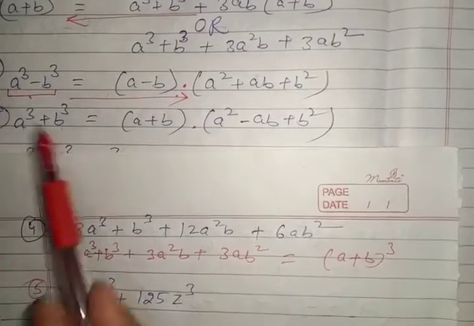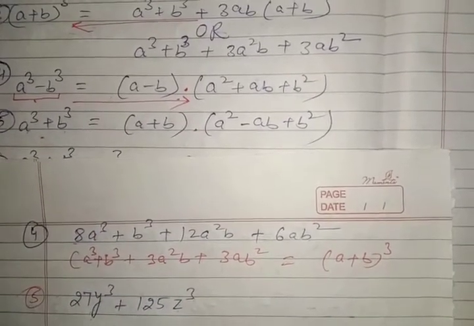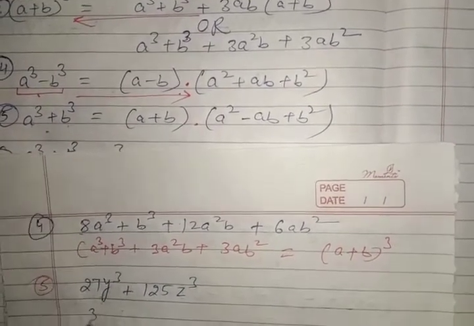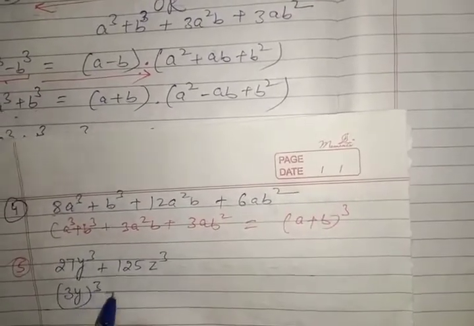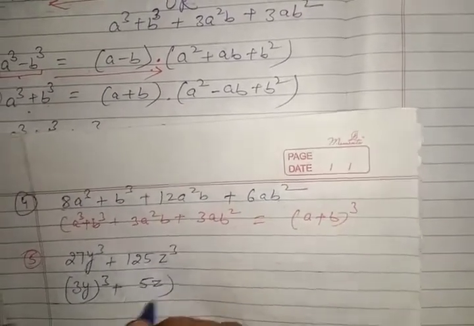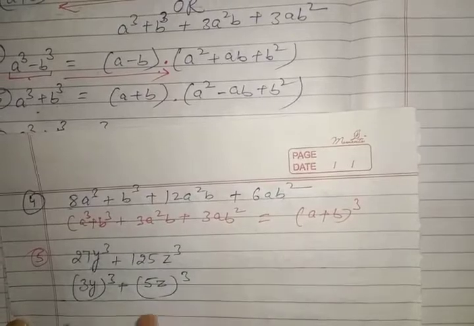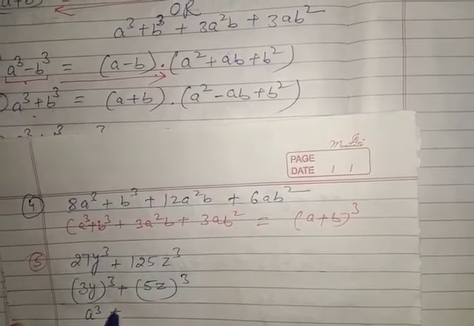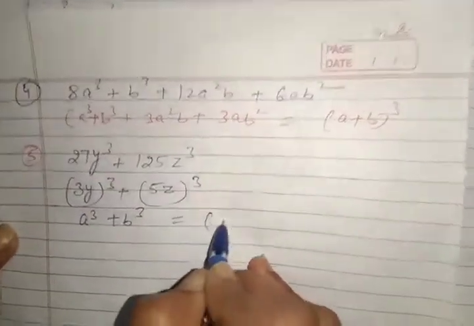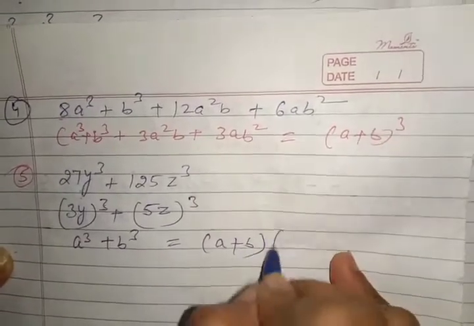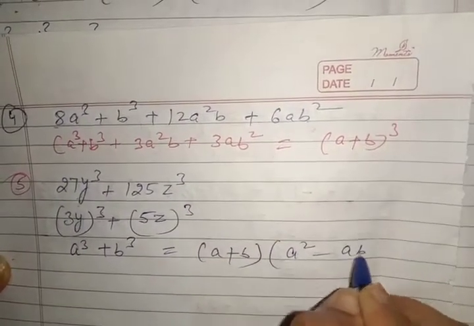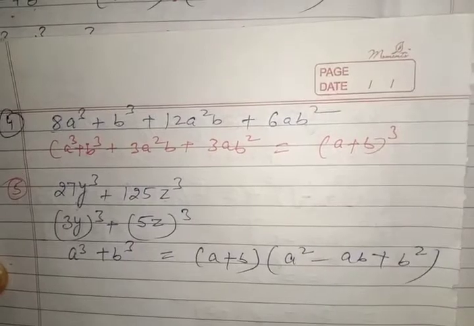This one, a cube plus b cube. So we can write this as 3y cube plus 5z cube. Now compare it with this identity a cube plus b cube, which says a plus b bracket and a square minus ab plus b square.